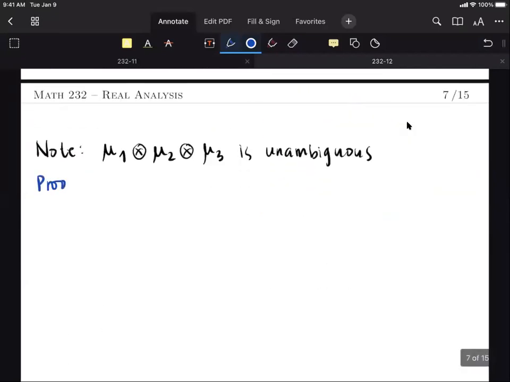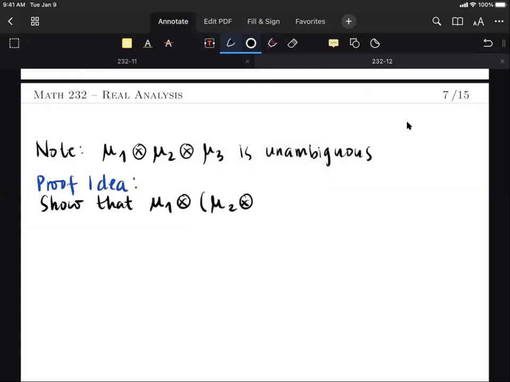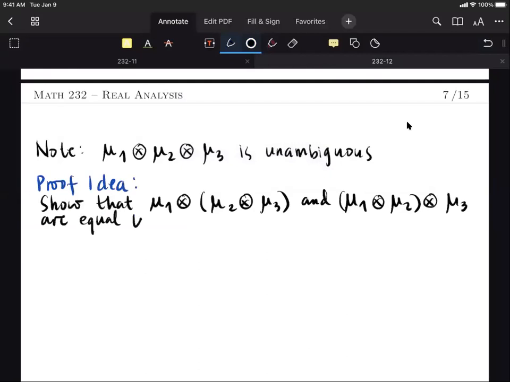Again, I will not give the full details, but I'll just present the idea of the proof. So here you want to show that the two product measures are equal on a generator, namely this one.